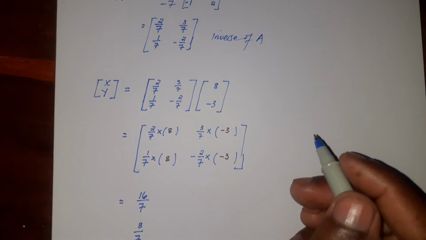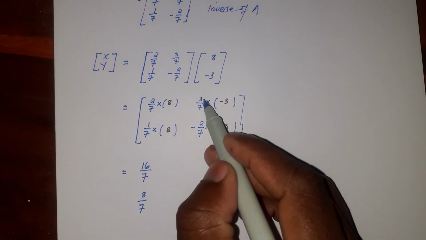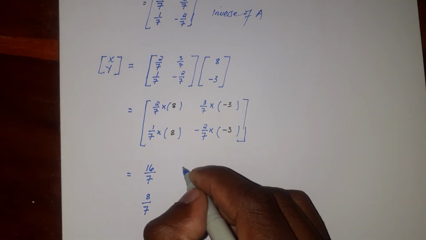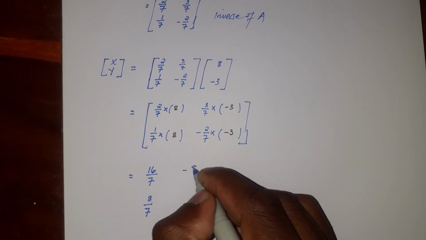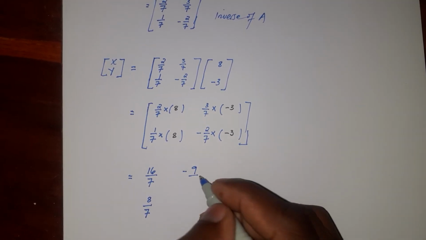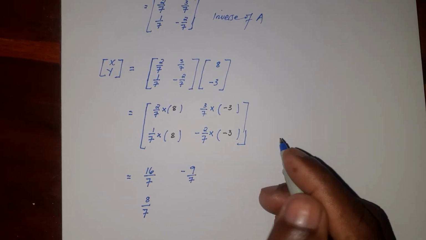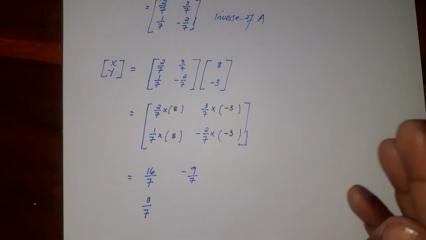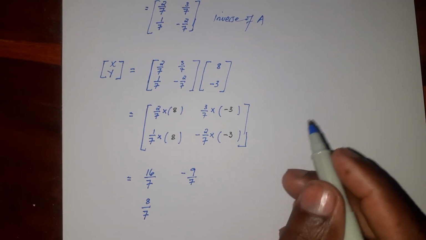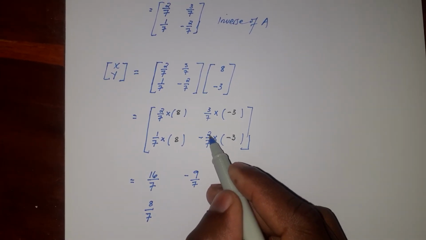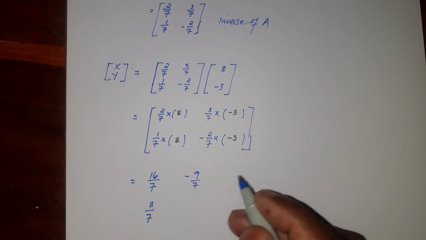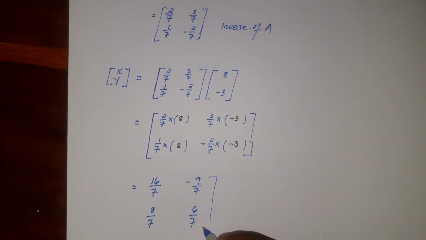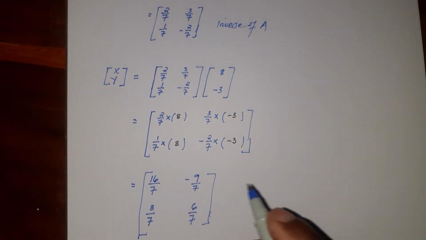We'll put the square brackets later. 3 times negative 3, we get negative 9 over 7. You can see that I'm not bothering with the 7. It's just over 7. I'm only multiplying the numerators. And then negative 2 times negative 3, that is positive 6 over 7. Now I can put the square brackets.